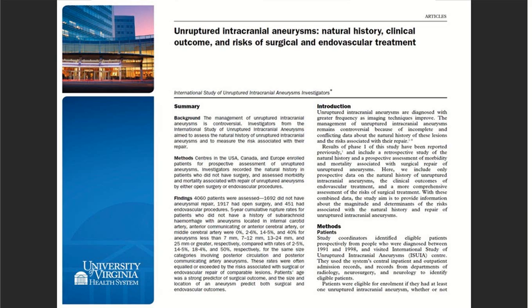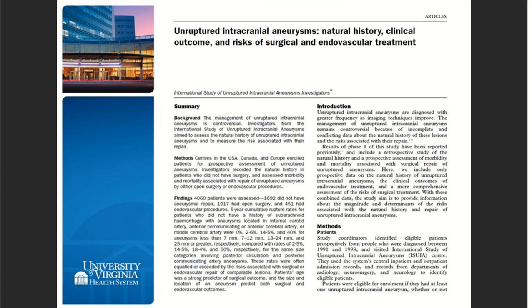And as we know from the Finnish group, even though all aneurysms were observed rather than treated, and that represents probably the best natural history data, you do have to understand that the vast majority of those aneurysms were found in patients who had a prior subarachnoid hemorrhage. So in essence, these were group 2 patients versus what you would consider group 1, the true incidental aneurysm without a prior history.